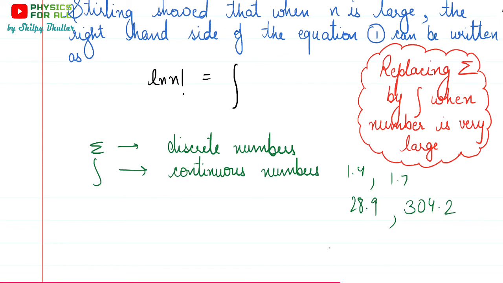So basically when we have a really large number, we prefer integration over summation. Summation is for discrete numbers when we are actually able to count them. But when it's a continuous quantity, where numbers can be any and really large, and it is not possible to count all the numbers, then we have to make use of an integral. In an integral, all we need to know is the lower limit and the upper limit, and then we can simply integrate.